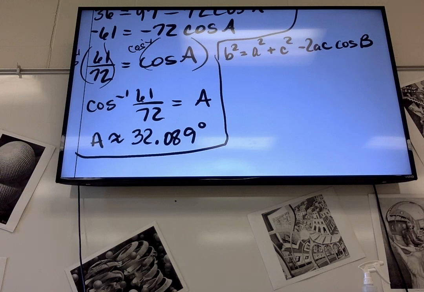I wouldn't count that wrong though if you did it, but I just want us to practice law of cosines because it's a little bit harder than the other one. Okay. So it's 4 squared, 6 squared plus 9 squared.